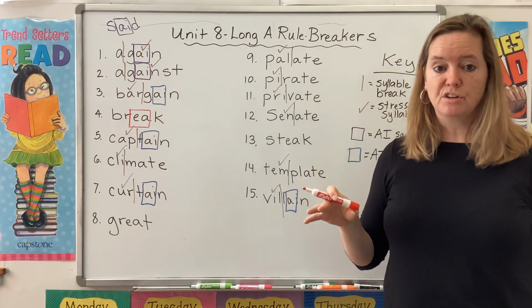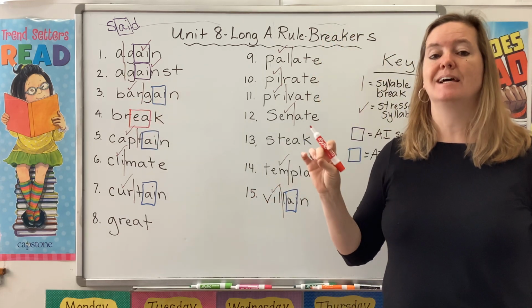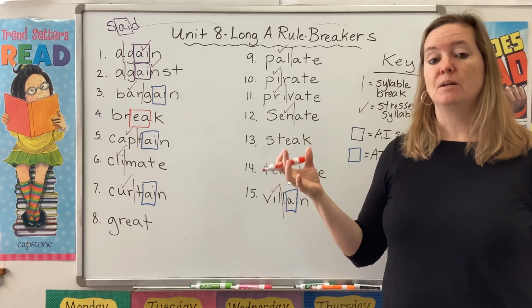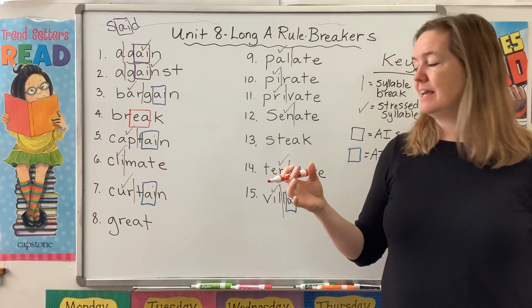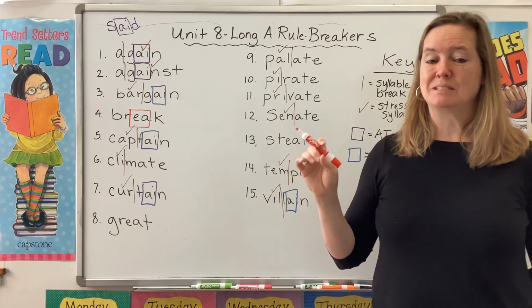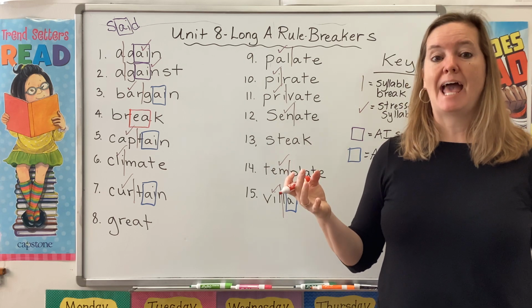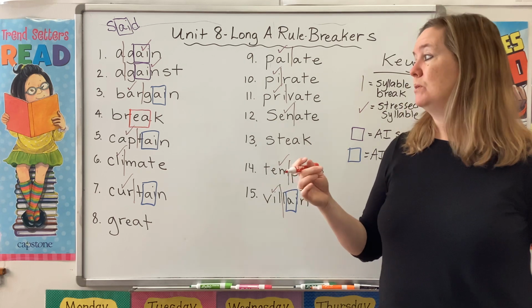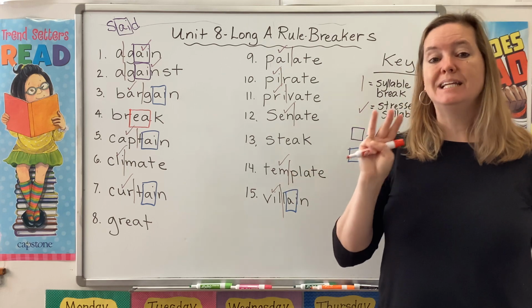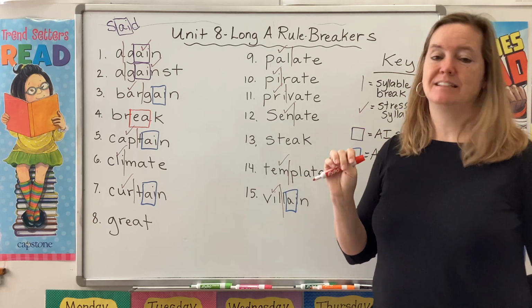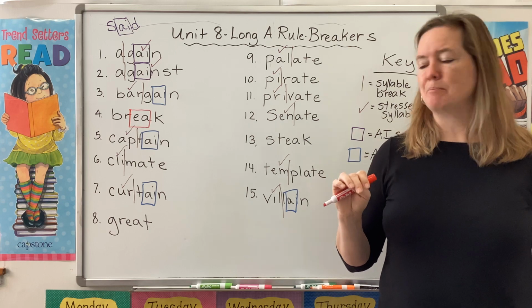Then let's look at the EA in break. Now, you first learned a couple years ago that EA says E in words like read and meet. And then you learned that it sometimes says E in words like head or bread. Well, now there are 3 times where EA says A. So you just have to memorize it.